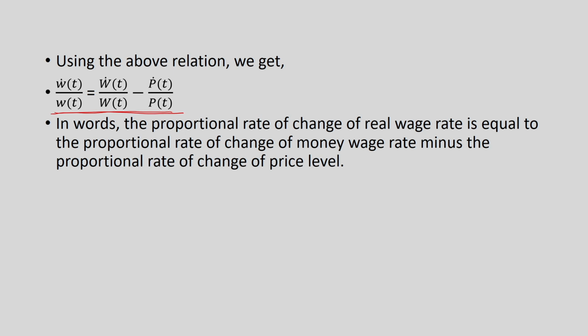In that case, on the right hand side this will be equal to 0, but this is positive. So, the entire term becomes negative, which means that in that case the real wage rate of the workers will be declining, and this is quite intuitive.